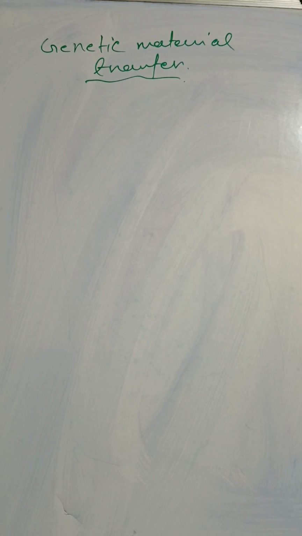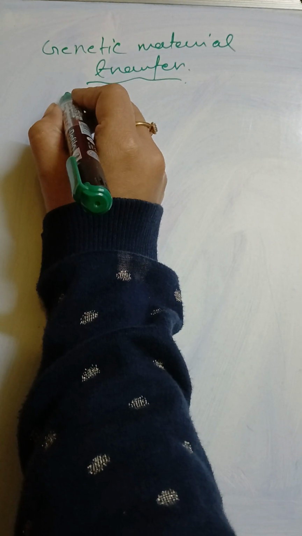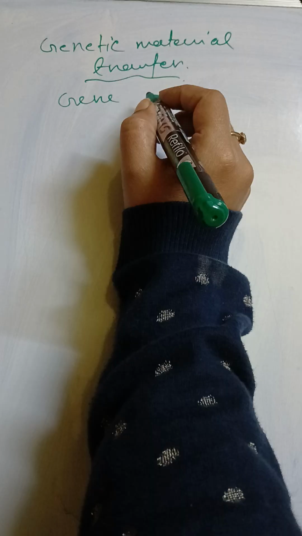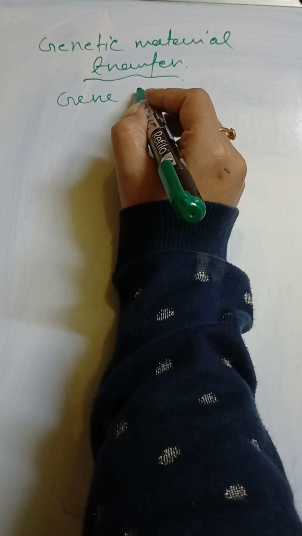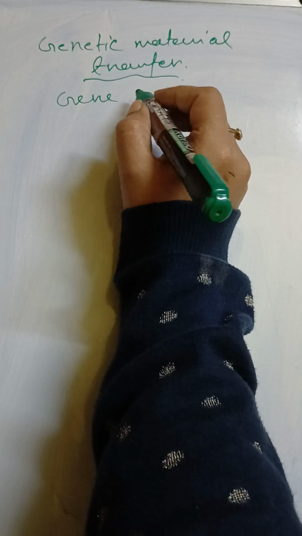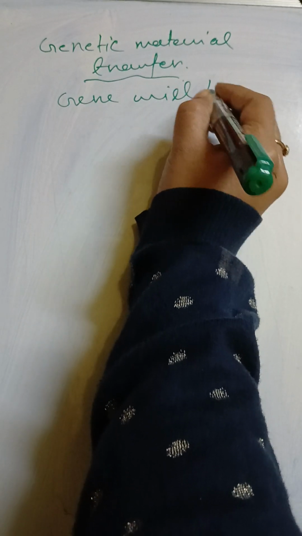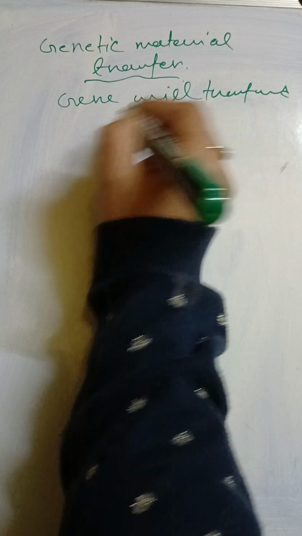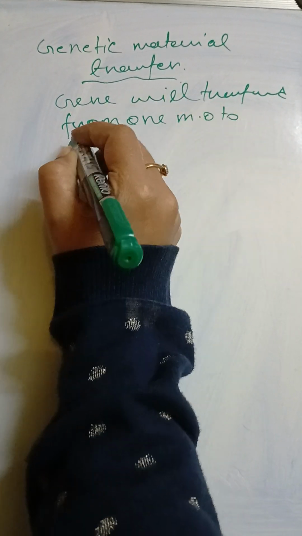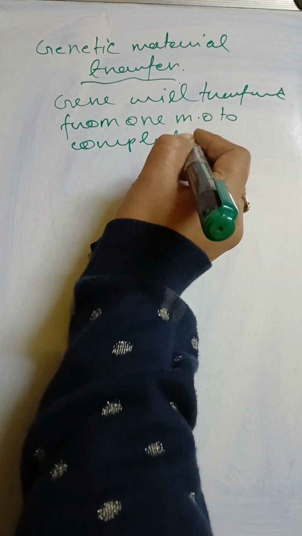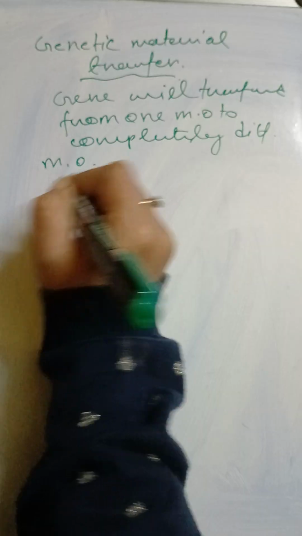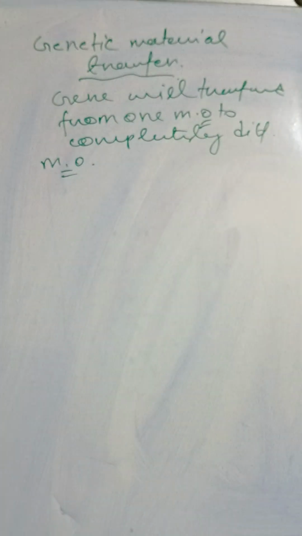In this case, simply what happens, the gene which will express or produce the product of our interest, something industrially important, will be transferred from one microbe to a completely different microorganism. So this microorganism will be heterologous to this microorganism.